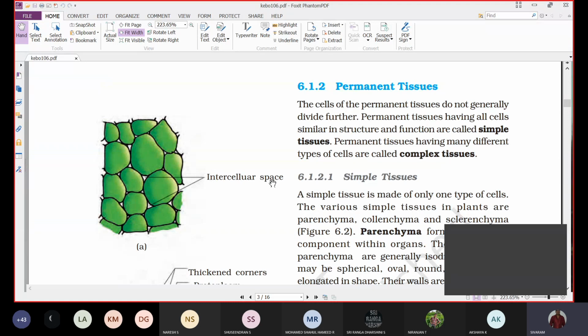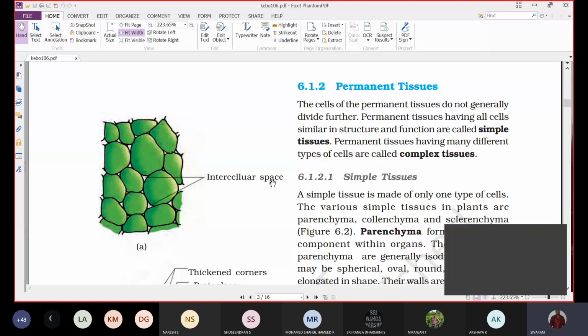Ground tissue means all the other tissue other than dermal tissue and vascular tissue that is present inside the plant body. Whatever the tissue that is present inside the plant body, that comes under ground tissue.